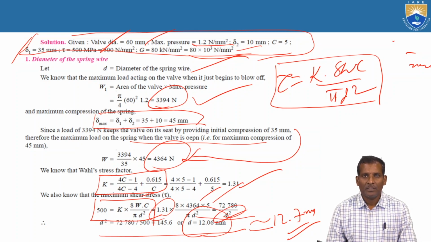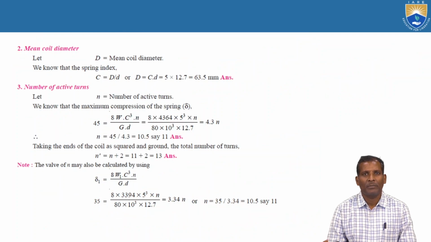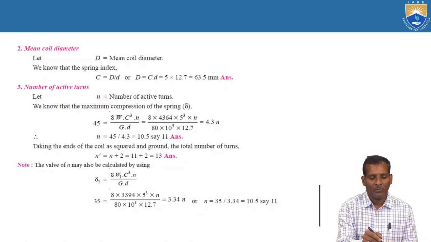The next one is the mean coil diameter. Once you have calculated the diameter of the spring wire, then easily you can fix the mean coil diameter. Because you already know the spring index value C. Spring index is equal to mean coil diameter upon wire diameter. It is the ratio of mean coil diameter to wire diameter.